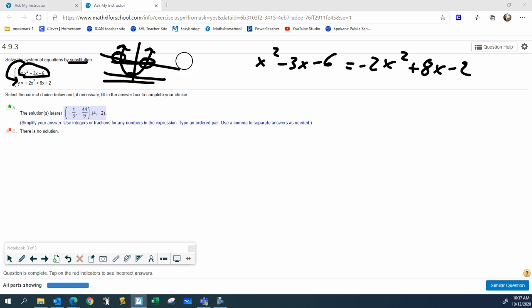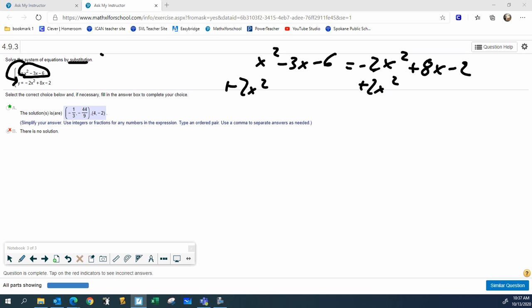So we're going to solve this for these x values, and I'm hoping that it can factor. First step is to set it equal to 0. I like working with positive coefficients, at least leading coefficients. So I'm going to add 2x squared to both sides. That'll get rid of that.